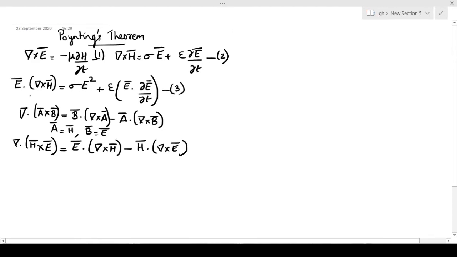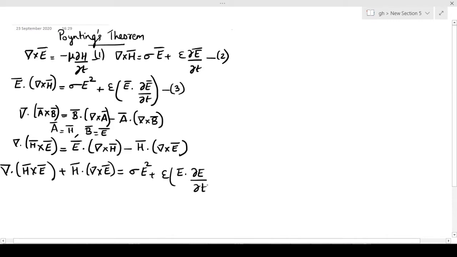So E dot curl H, from this equation you can write it as del dot (H cross E) plus vector H dot curl E. This will be equal to E dot curl H, that is equal to, from equation 3, sigma E square plus epsilon E dot ∂E/∂t.